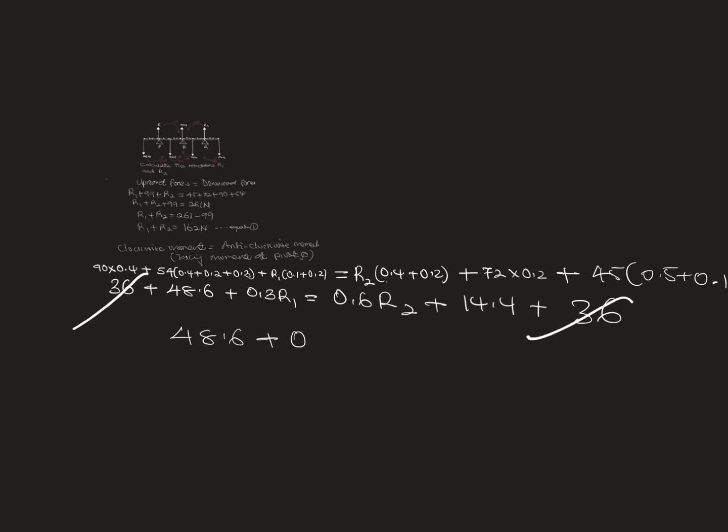So I have 48.6 plus 0.3 R1 is equal to 0.6 R2 plus 14.4.